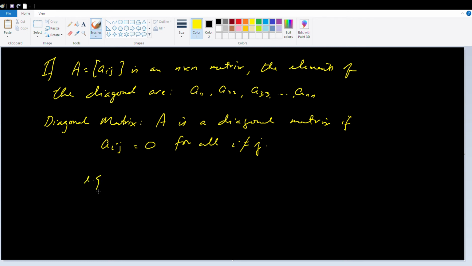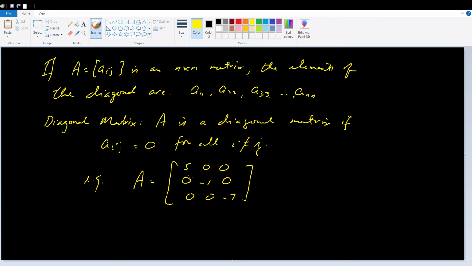So for example, matrix A is a 3 by 3 matrix with elements 5, 0, 0, 0, negative 1, 0, 0, 0, negative 7. Take note that all the elements are 0 for all Aij where i and j are not equal.